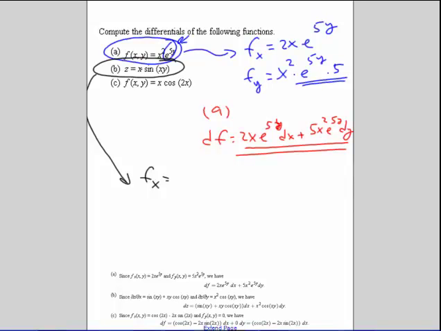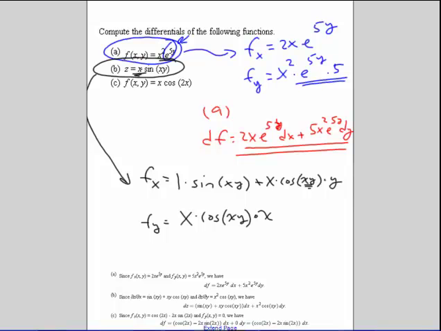So let's take the derivative of the first, which is 1, times the second, plus the first times the derivative of the second, cosine of xy, and then we have to take the derivative of the inside, which is just y, and f partial y is going to be x times cosine xy times x.